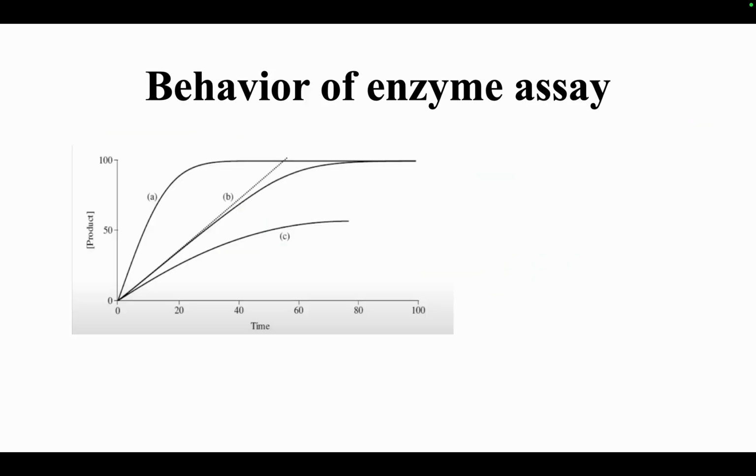Next we move on to how the enzyme assay behaves. As we know, from our enzyme substrate interaction, we have enzyme giving us enzyme substrate complex, and this gets converted into enzyme plus product. It is very difficult to measure the enzyme substrate complex.